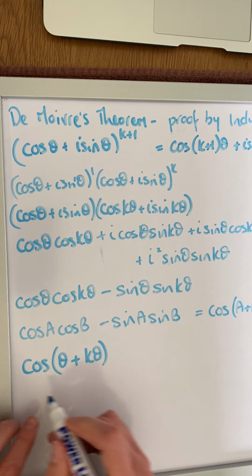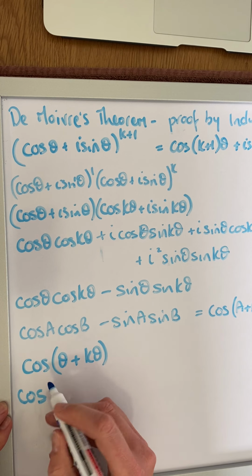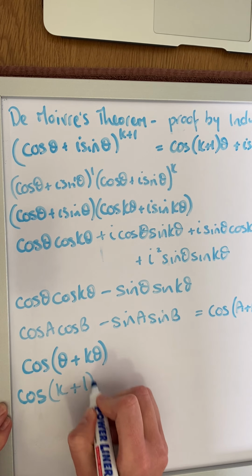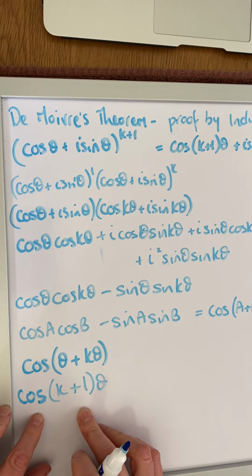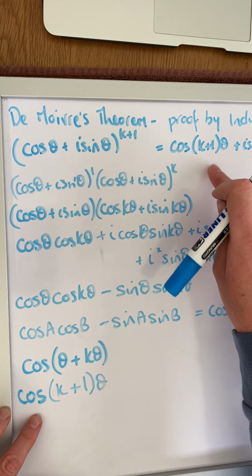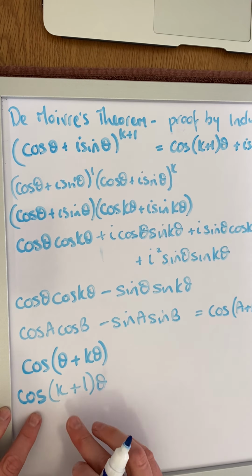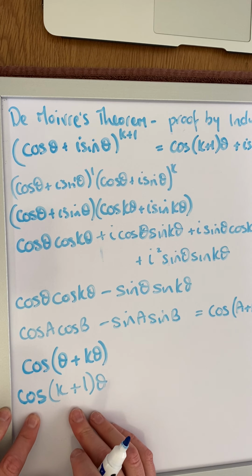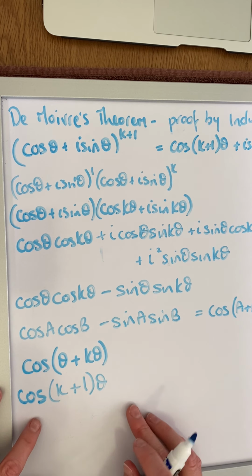Factorizing out the theta, we're looking at cos of (k plus 1) theta. So that is the first part of the right-hand side of our identity proven. All right, so that comes from the real components.